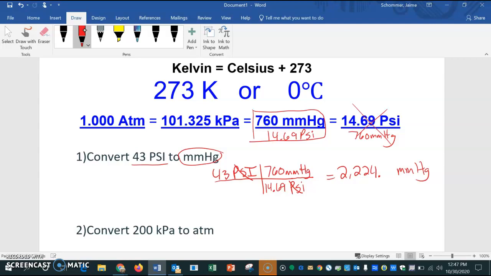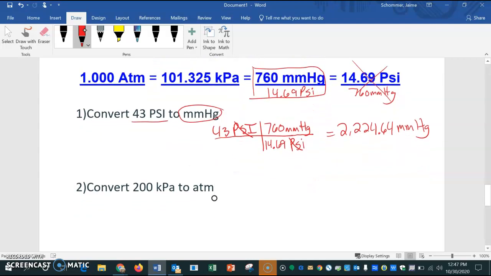And I'm always going to go 2 places past the decimal. So I'm going to round. If I need to, I'm always going to go to the hundredths place. So 2 places past the decimal, I can just round that. So it should make sense. It's bigger than 760, right? You have 2,224.64 millimeters of mercury.